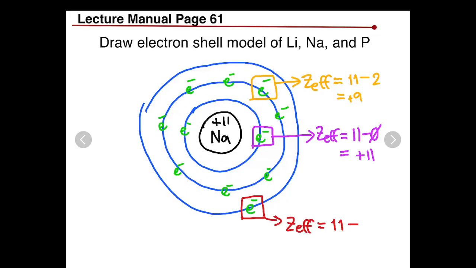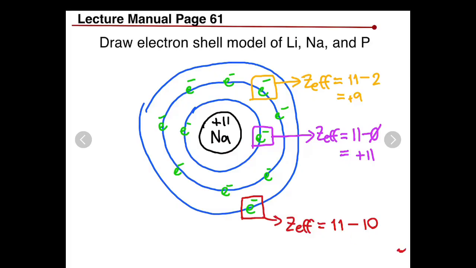So in this case, you are going to add 2 together with 8, total would be 10. So again, how did we get 10? Well, because the electrons shielding this electron are all the inner shell electrons, which is 8 plus 2, that's equal to 10.